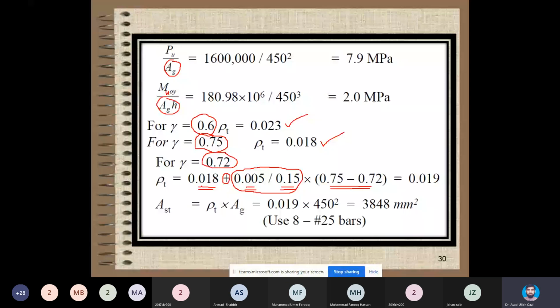So why have you selected plus over here? Be careful. You need to examine the trend, because between 0.6 and 0.75 the reinforcement ratio is decreasing. So it is actually increasing from 0.75 towards 0.6, because less gamma will demand more steel because the lever arm is reduced.